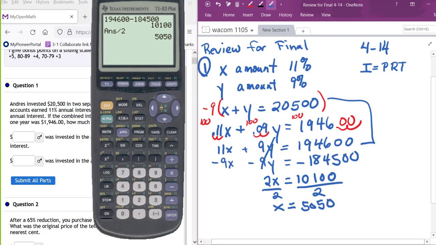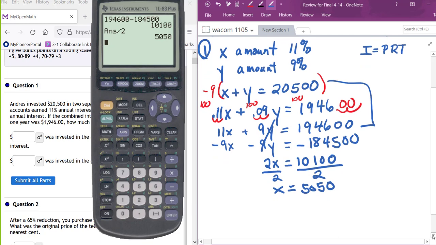Then you have to substitute back to solve for the y. So this is the amount at 11% that was invested. And I'm going to substitute into this original equation. So 5050 plus y equals 20,500. Subtract.